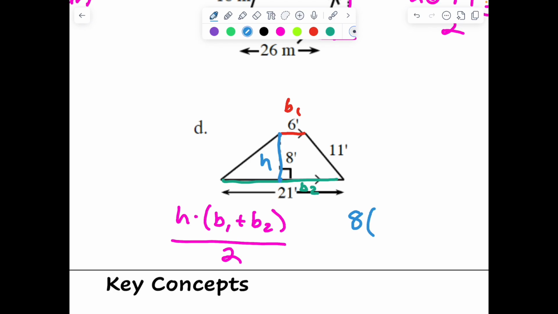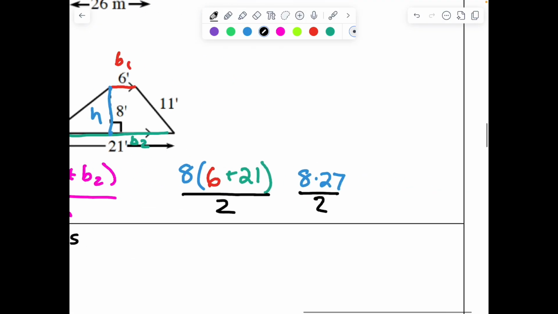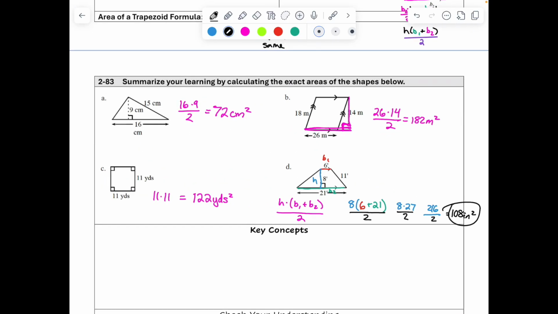So we're going to have our height of 8 times base 1 is 6, base 2 is 21, and then we're dividing that by 2. So 6 plus 21 is 27. So we've got 8 times 27 divided by 2. We can multiply 8 times 27 to get 216, divided by 2, and that gets us 108. And then I believe these are inches squared.